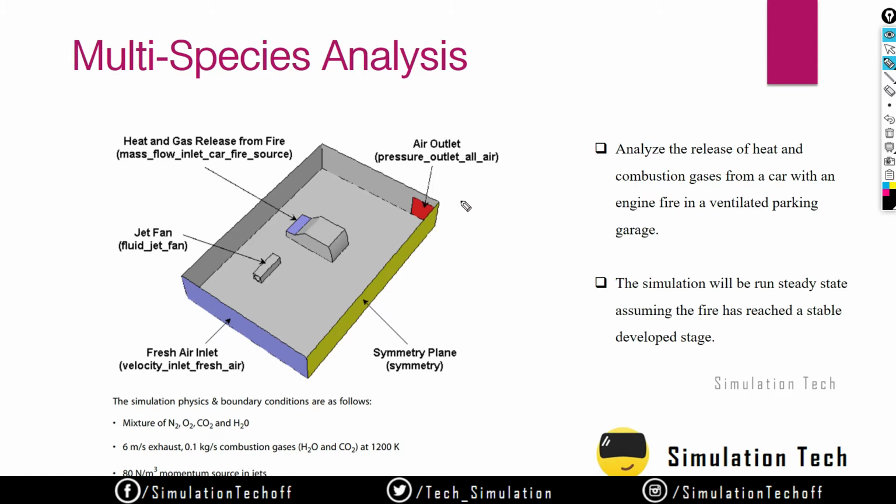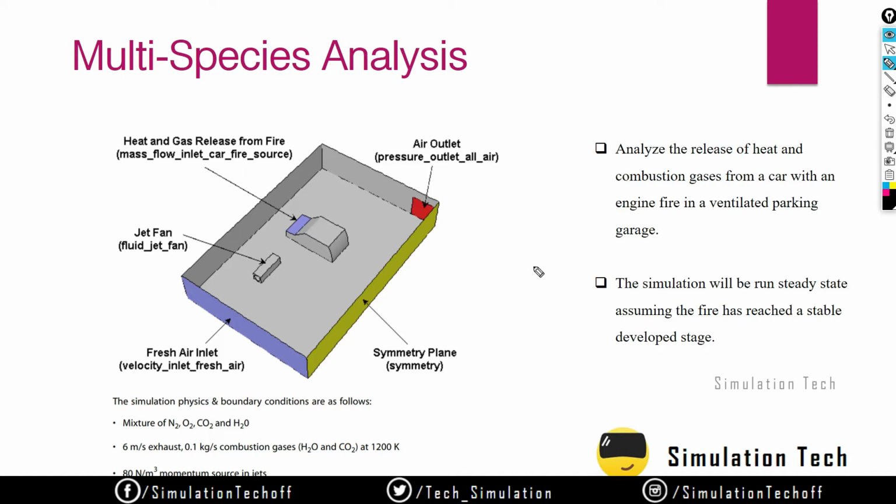Due to this combustion, what's special in this multi-species analysis? What is multi-species first? Multi-species means we have multiple gases. In the previous stage we worked on solids and fluids, but we only worked on a single fluid or single solid.